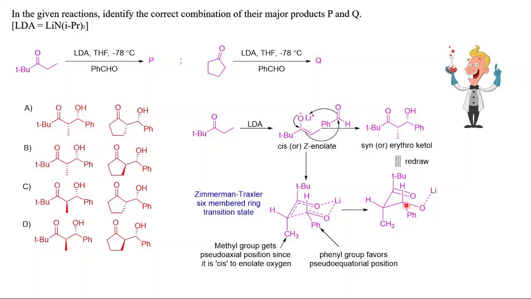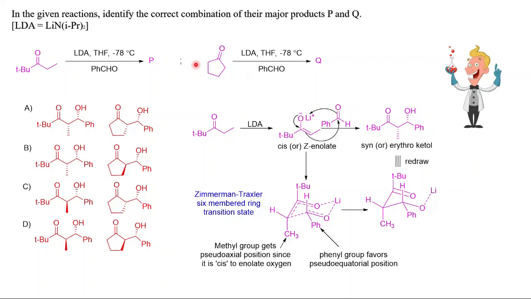This is down and this is also down, so down means both are cis, so this is cis. And remember, one trick: if you see Z enolate, you will always get OH and CH3 cis here. If you take trans or E enolate, you will get trans here, okay. So that is the trick you have to remember.